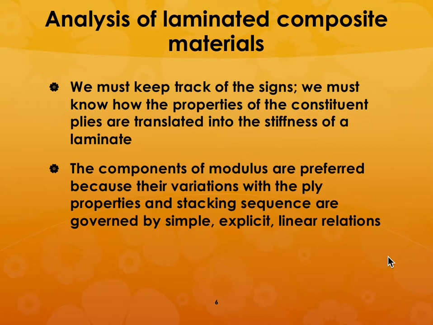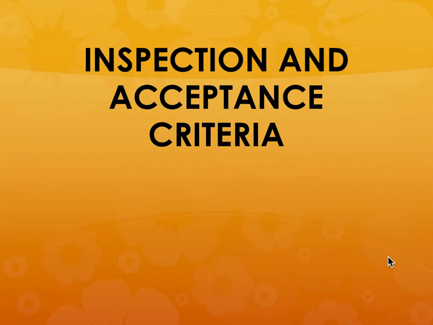You must know how the properties of the constituent plies are translated into the stiffness of a composite. And the components of the modulus are preferred because the variations with the ply properties and stacking sequence are governed by simple, explicit linear relationships.